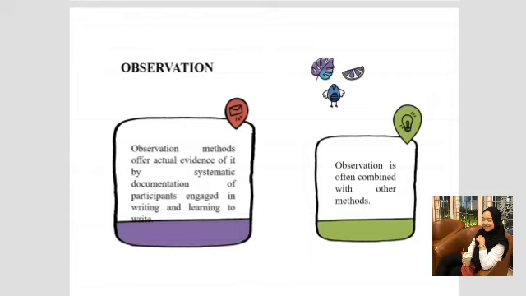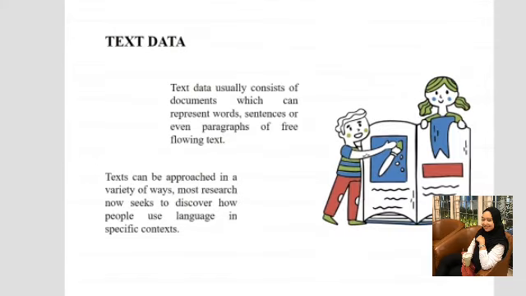They are based on conscious noticing and precise recording of actions as a way of seeing these actions in a new light. And observation is often combined with other methods such as interview and others.